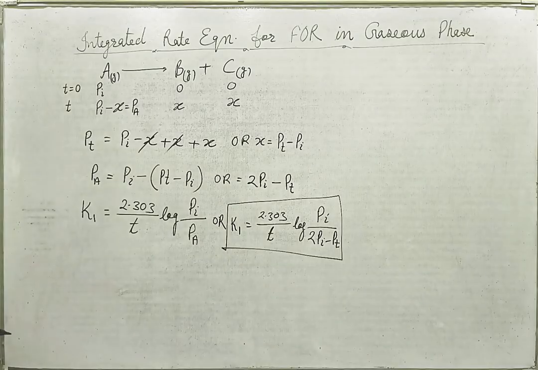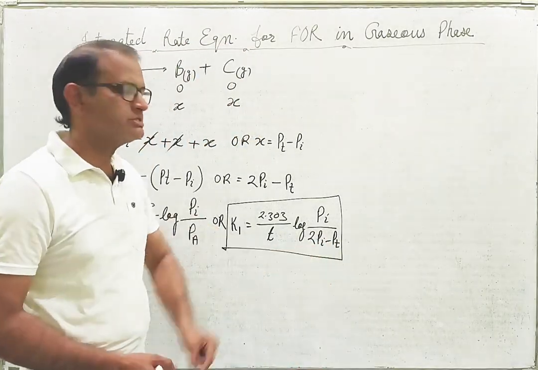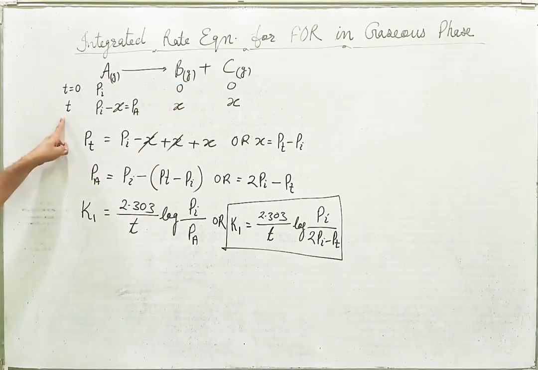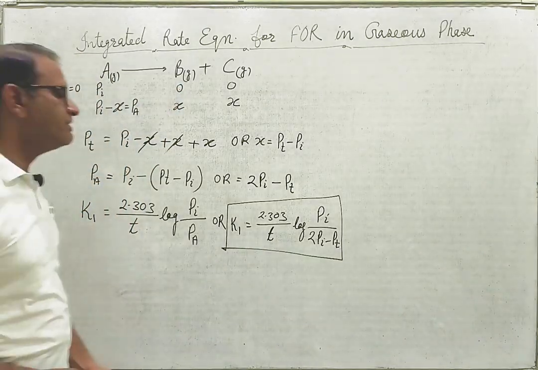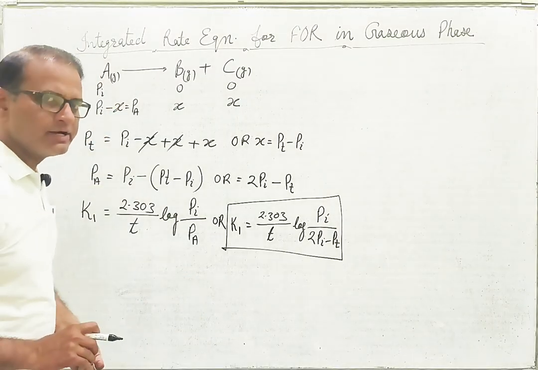Integrated rate equation for first order reaction in a gaseous phase. So if we have P total and Pi, P total means total pressure of all the gases at time t, and PA is the partial pressure of gas A at time t.